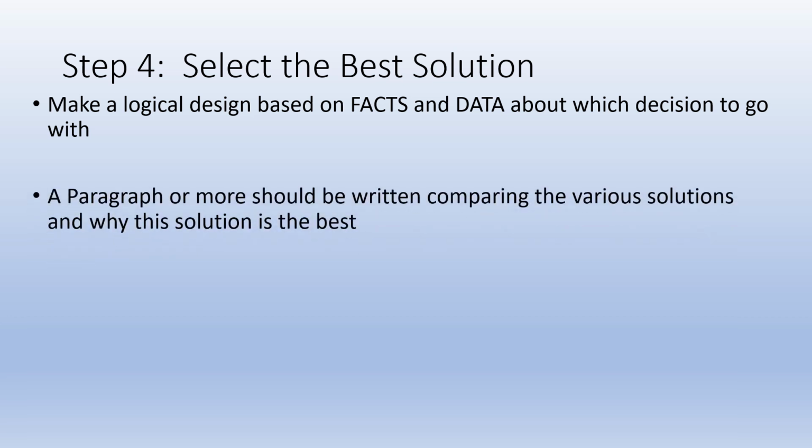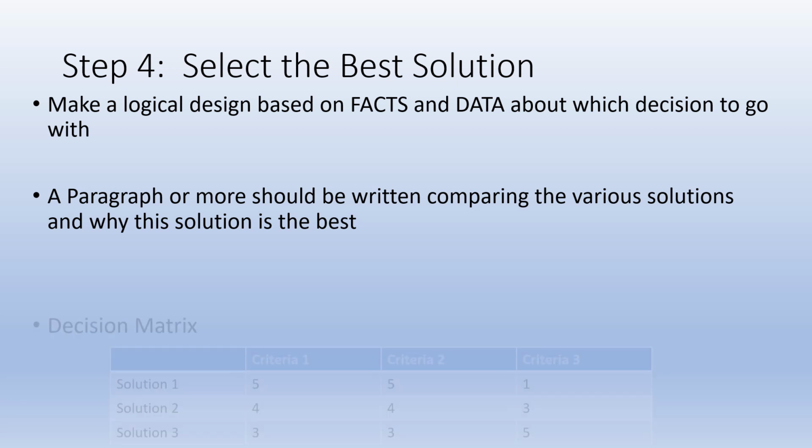So in step number 4, this is one of the things that you need to make sure that you're able to do: write a complete full paragraph, at least a full paragraph, comparing the various solutions that you thought about in step number 3, and then justifying the reason why you're choosing the solution in step number 4. Why are you choosing this solution over the others? Okay, and again, it has to be based upon facts and data.